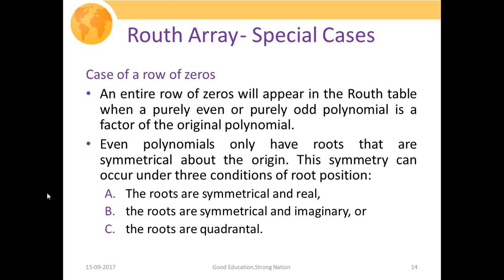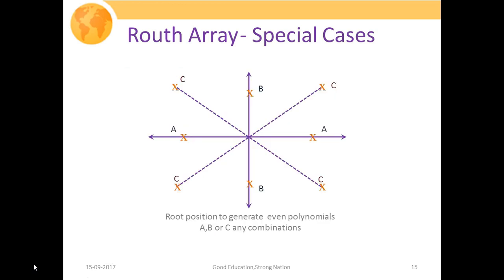First, the roots are symmetrical and real. Second, the roots are symmetrical and imaginary. The third possible case is that the roots are quadrantal. How do we check the symmetry about the origin? This figure shows that.